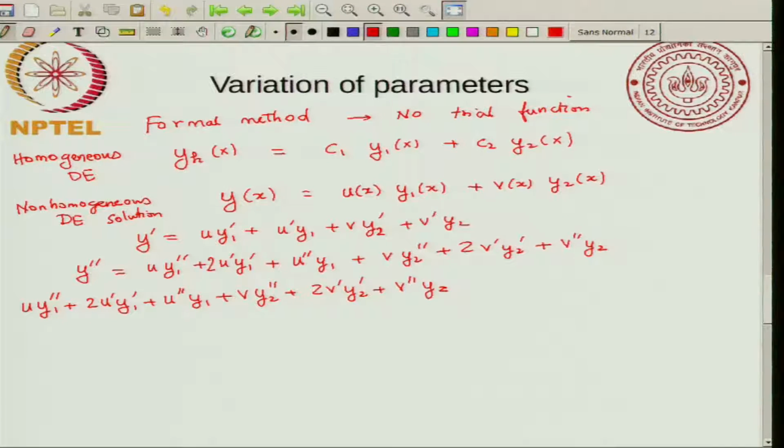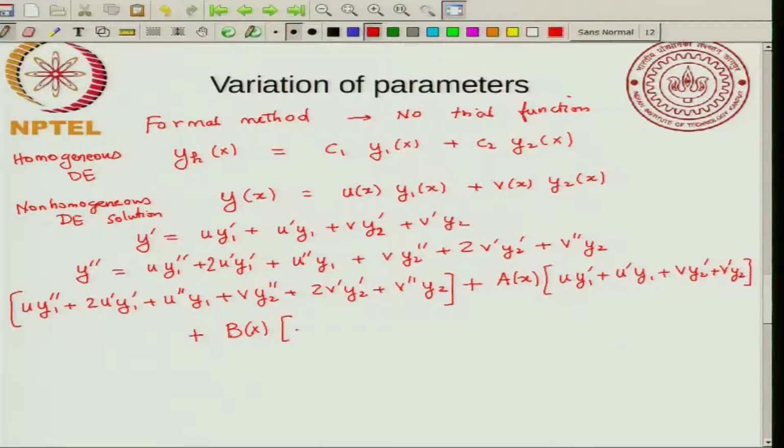So this is your y double prime, and then you have plus a of x into y prime, which is u y1 prime plus u prime y1 plus v y2 prime plus v prime y2, plus b of x times y, which is u y1 plus v y2, equal to c of x.